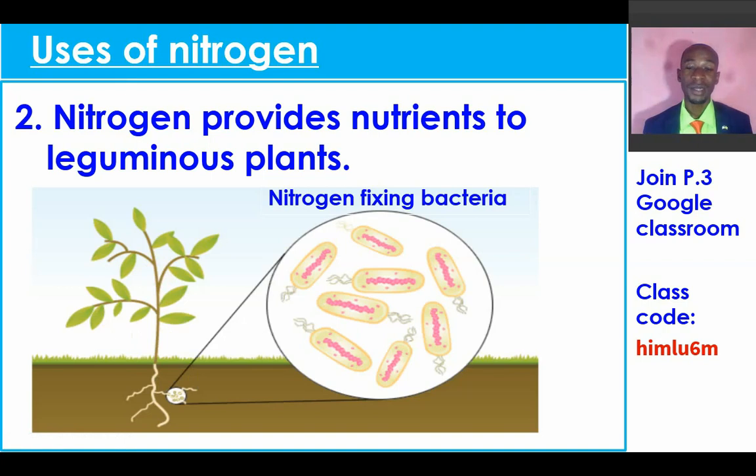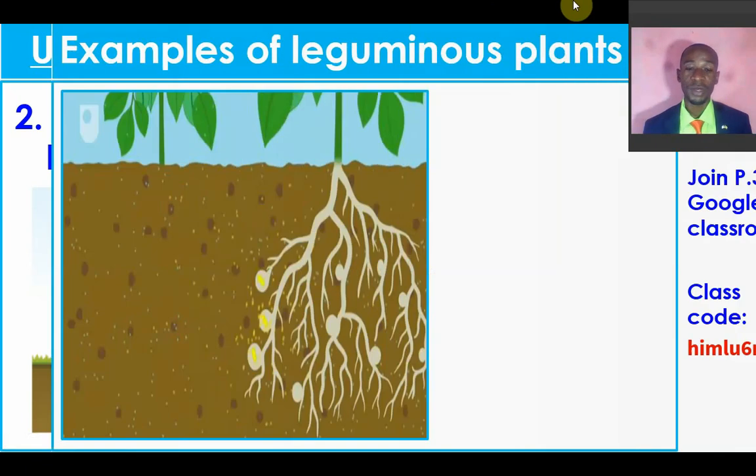So even the plant does the same thing. Last time we looked at how carbon dioxide, through the process of photosynthesis, helps the plant to make its own food. In the same way, nitrogen helps it. Are we together? Let us move on.